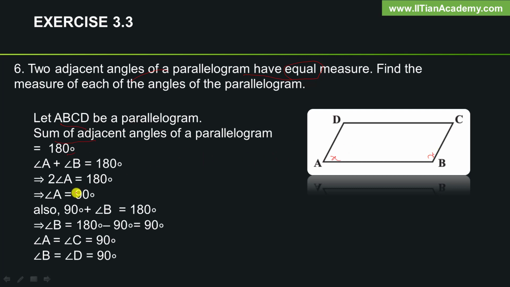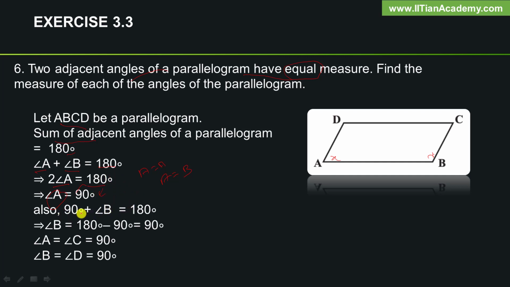Hence, A plus B equals 180. Now given that two adjacent angles are equal, hence A and B are equal. Hence the equation becomes 2 times A equals 180, or A equals 180 divided by 2, which is 90 degrees.